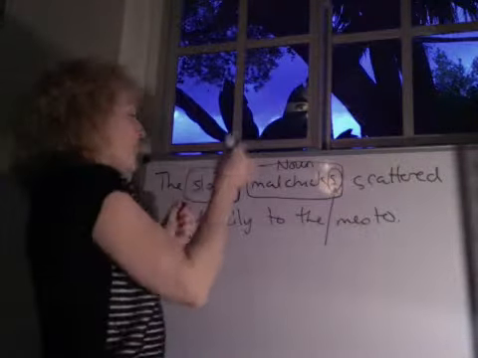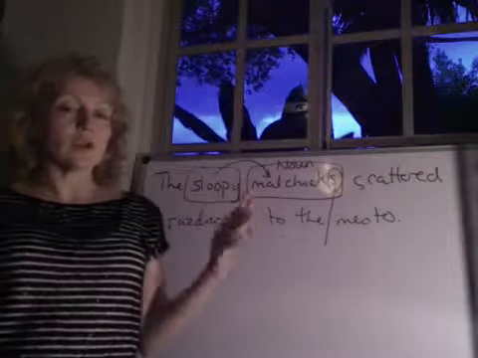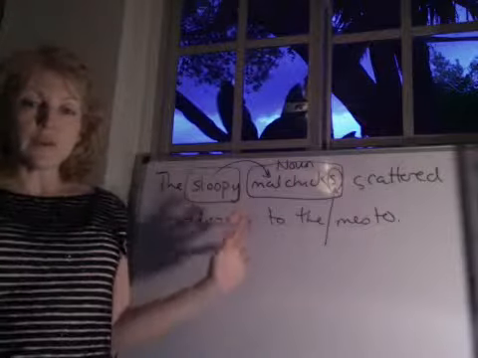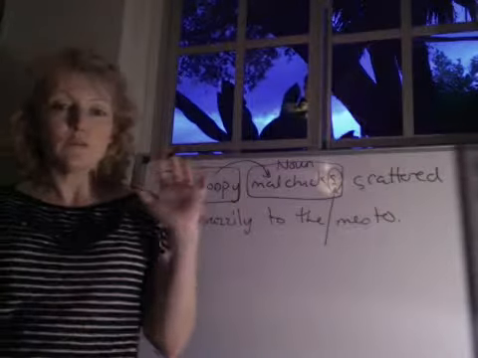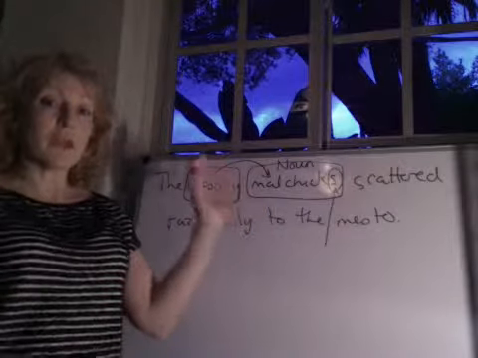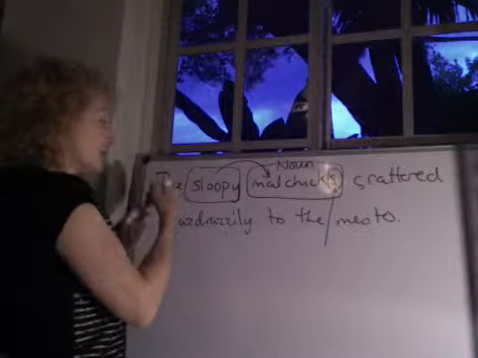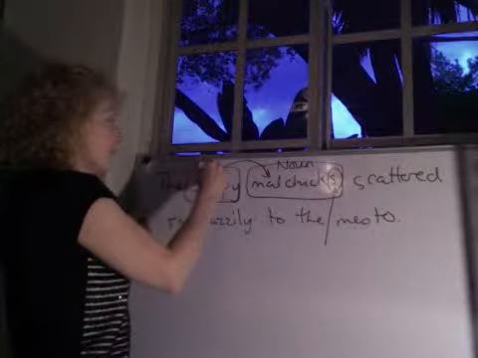It's describing the male chicks. It's telling you some information about the male chicks. We don't know what that is. What does it mean to be sloopy versus non-sloopy? But we know that the male chicks are being described as being sloopy. So in other words, we know that sloopy is an adjective.